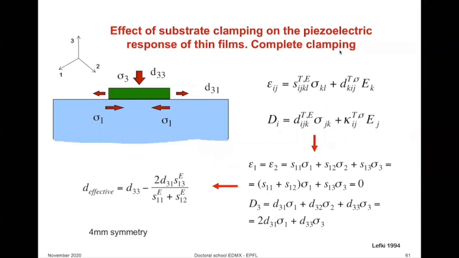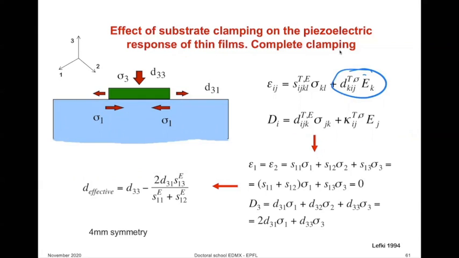So we have a piezoelectric effect, but you cannot just take and consider this equation. You have to see the totality of the stresses and fields which may appear in your sample, even if you are not applying them yourself, but they may arise in your system because of the boundary conditions that you have there.